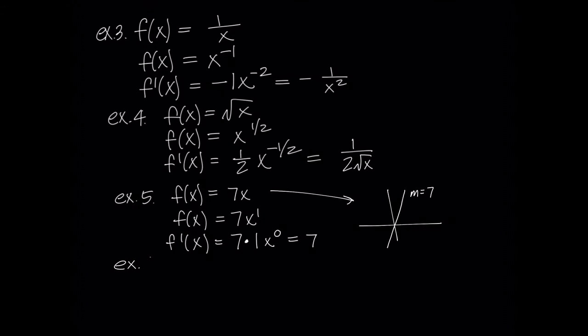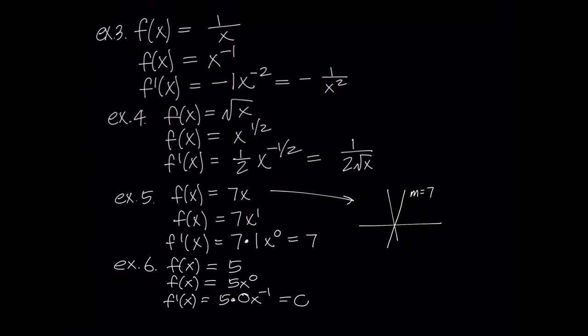Example 6, f of x equals 5. Okay? So here we have a constant. So we can think of f of x as 5x to the 0 power. Applying the power rule, we're going to just write the 5, and then the 0 comes to the front, and then you have x to the negative 1 power. 5 times 0 times x to the negative 1 power is just 0.